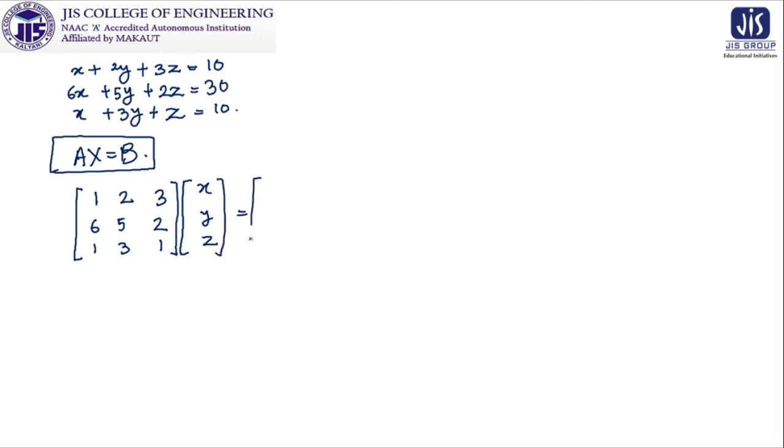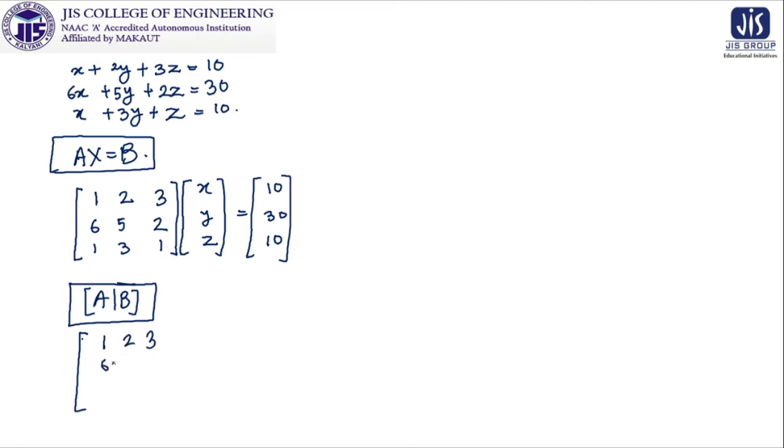Then we will get the vector b as 10, 30 and 10. Next, we can recall that our target is to construct the augmented matrix, that is A slash B. Here our A slash B will be 1 2 3, 6 5 2, 1 3 1 along with 10, 30 and 10.